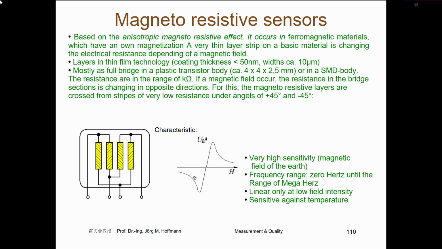The same you have in the other direction. You can work in this area from here to here. It's nearly linear. And the advantage of these sensors is that they have an extremely high sensitivity.